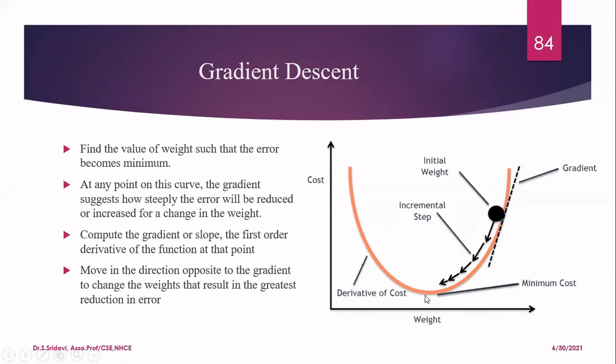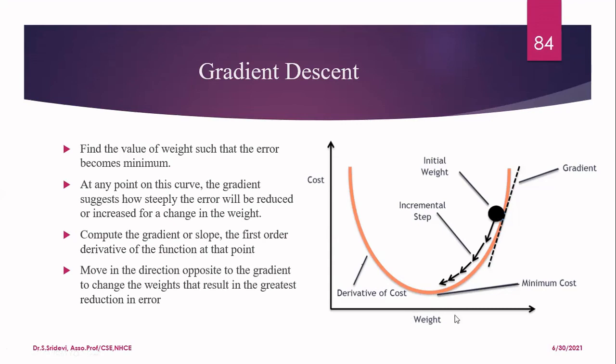Here only the cost is minimum. After that, the cost is increasing. So we need to find the minimum cost. The minimum cost has a certain weight corresponding to it, that is this particular weight. This is the weight you have to use in your model.